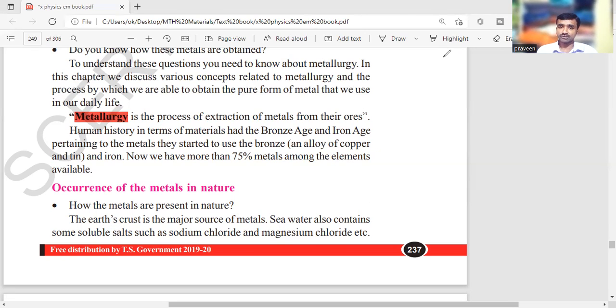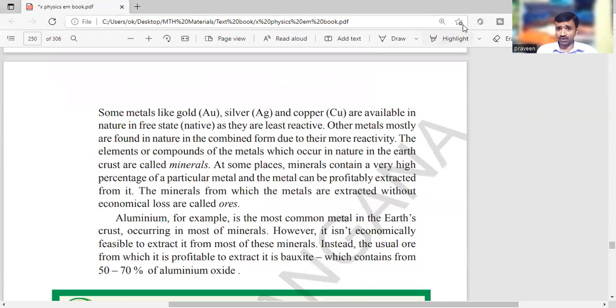Then, simply look here. What are the metals we are using in our daily life? They are gold, silver, copper, right? What is the difference compared with other metals like iron, bronze, aluminum, etc.? If you compare these metals, silver, gold, copper, they are available in their free state.